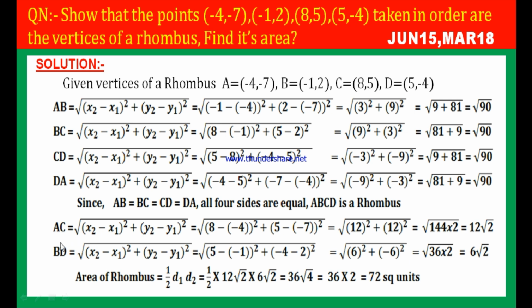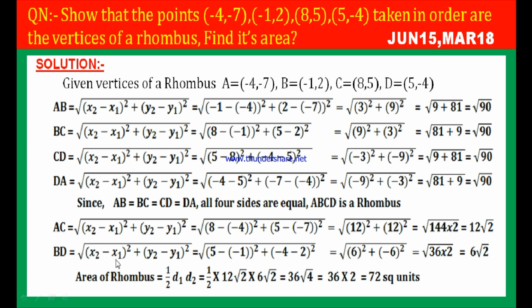And let us find the length of the second diagonal BD. In order to find the length of the diagonal BD, the coordinates of B x1, y1 and the coordinates of D will be x2, y2. Coordinates of B minus 1, 2, x1, y1 and the coordinates of D 5, minus 4 will be x2, y2.